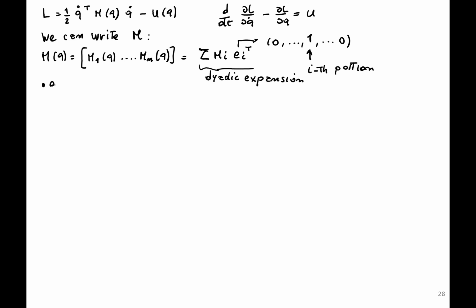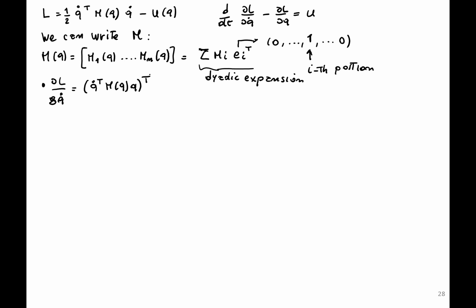Then if we compute the derivative of the Lagrangian with respect to q dot, it is a partial derivative because you have q and q dot, and we get this expression. To have a column vector, we need to transpose.